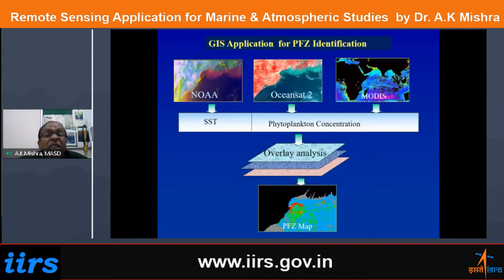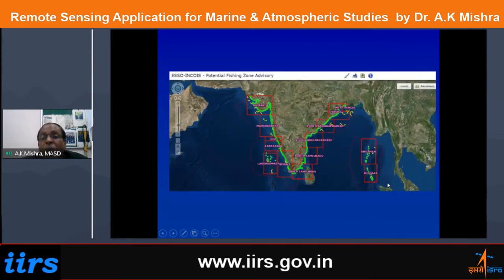So this is the NOAA data or any other satellite data having the thermal bands. You can extract SST, and the ocean color data can be derived from the ocean color sensors, and this will give you phytoplankton concentration, and with SST and phytoplankton concentration, you can do the analysis and generate a potential fishing zone map.